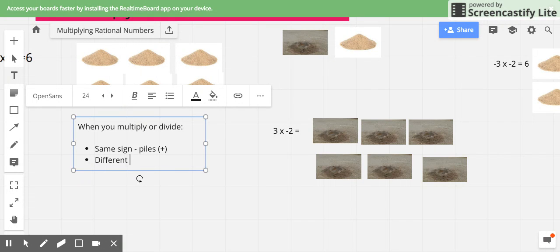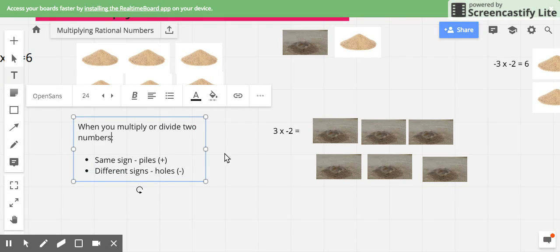Different signs equals holes or negative numbers. I'm going to just say when you multiply or divide 2 numbers, because if you get into 3 numbers, oh boy, we have the opposite, the opposite, the opposite. It gets kind of crazy. Let's just stick with 2 numbers for right now, okay? And then we can get to 3. So that's the basic rules, multiplying and dividing integers, positive, negatives, or piles and holes, right? Positive and their opposites.